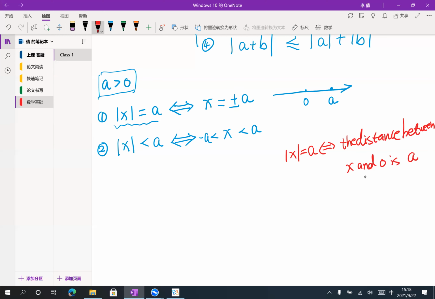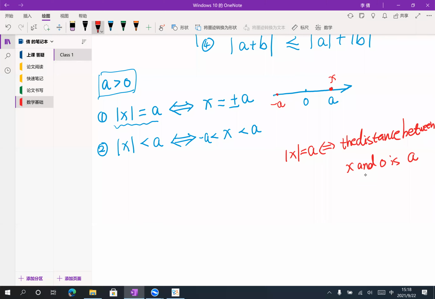This is the definition of the absolute value. Then this point A can be X, and this point negative A can be X.